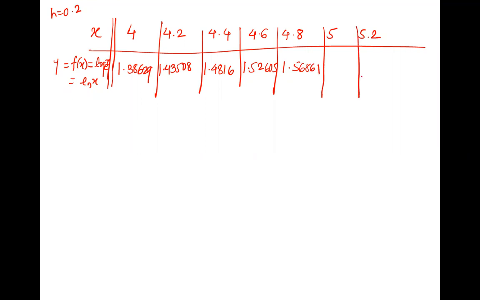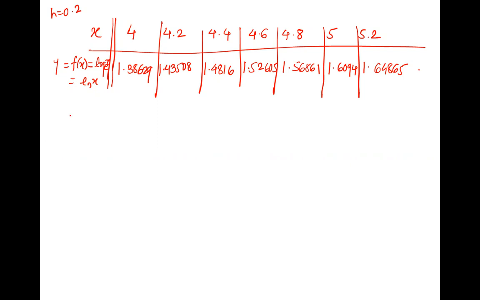Next, ln 5: 1.60943. Okay. And last, ln 5.2: 1.64866. Correct. Okay, we got the table.